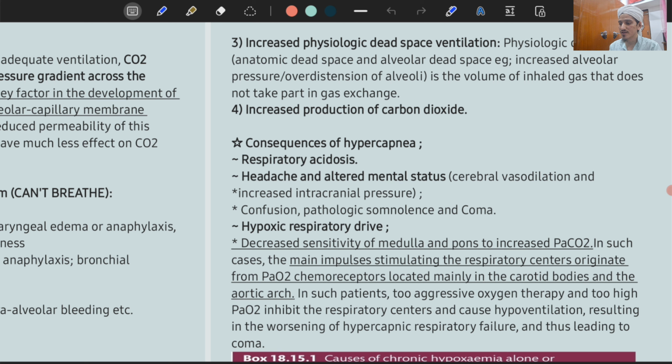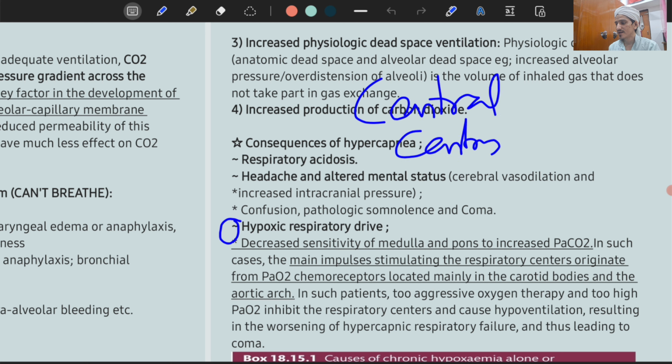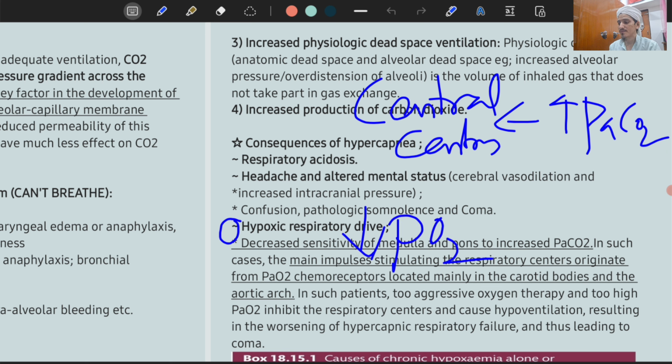Then, in the long term, the patient will develop hypoxic respiratory drive. What is hypoxic respiratory drive? The central centers will adapt to the increased PCO2 and become resistant to it. So the body will depend on the decreased peripheral PO2, sensed by the peripheral chemoreceptors, in order to continue respiration.